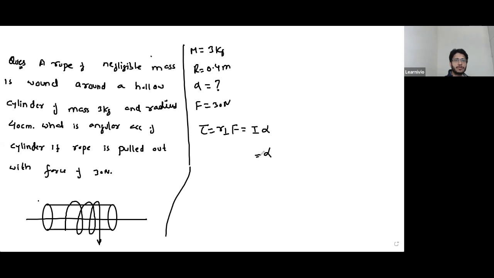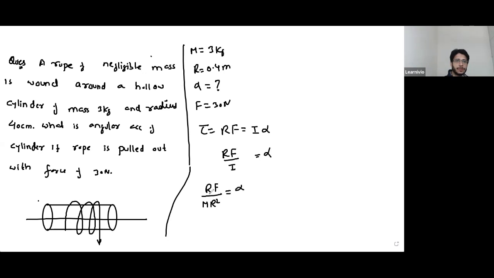So your alpha comes out to be, where R perpendicular is basically R, the radius of the cylinder. So alpha is RF over I. Your I is the moment of inertia, which for a hollow cylinder is mR square.